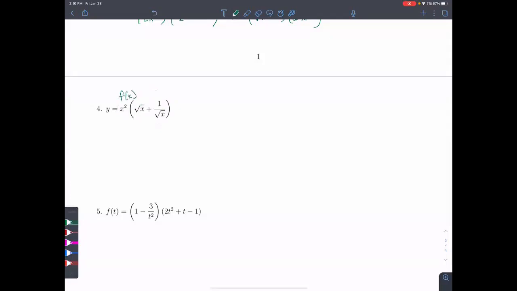This is f of x, just x squared, and then this whole thing is g of x. So y prime is going to be f times g prime plus g times f prime, or first times the derivative of the second plus second times the derivative of the first.